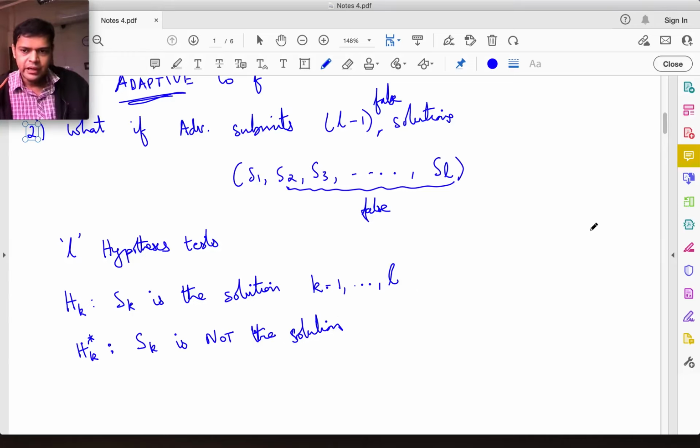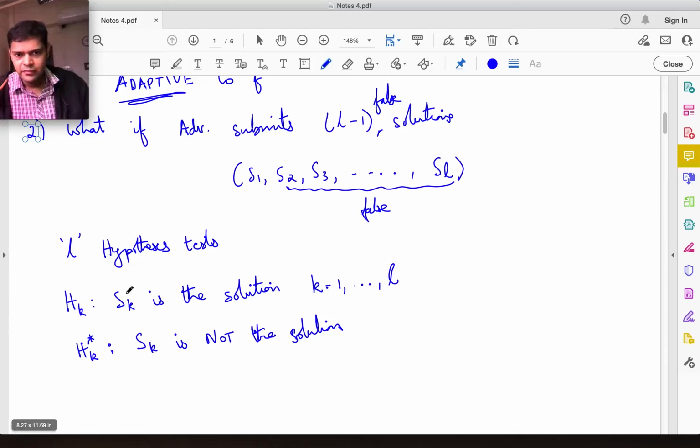So previously we had S1 and S2. So we said that H1 meant that S1 is the solution, and of course H2 meant S2 is the solution. Here we are changing things a little bit differently. We are looking at a particular solution and we are saying, is it the right one or is it not?